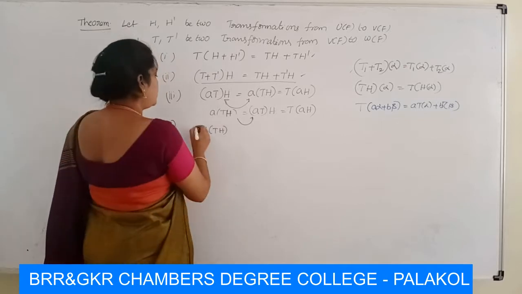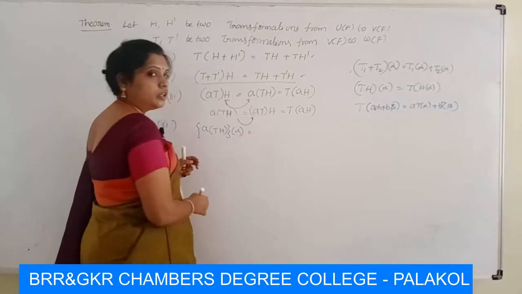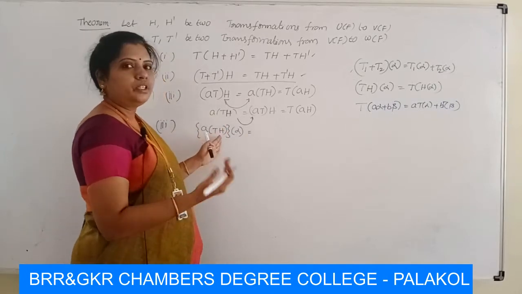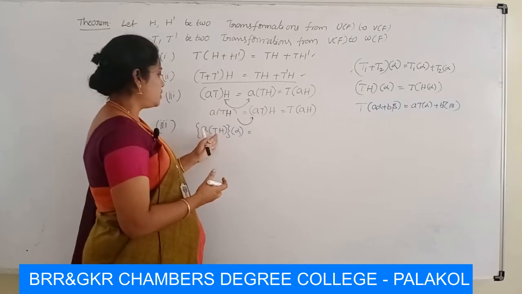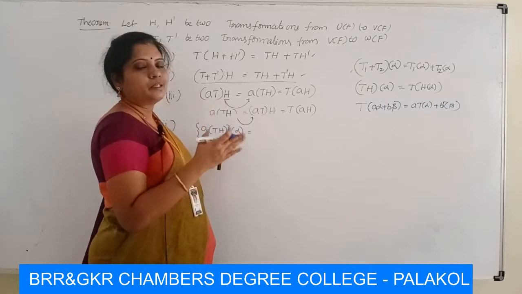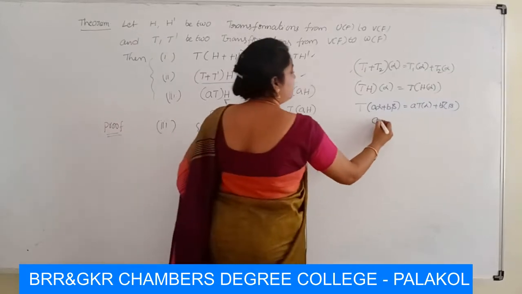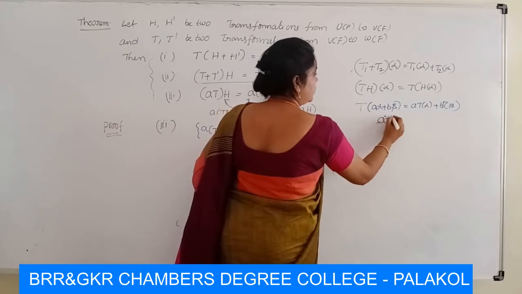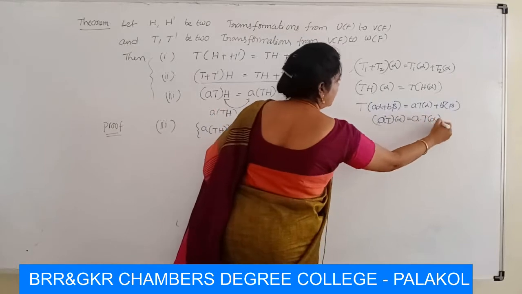We apply the offering element alpha. So a into the transformation, TH, a product of transformations, is again a transformation. So a into a transformation, that is scalar multiplication with a transformation, (a into T) of alpha is defined as a into T of alpha.